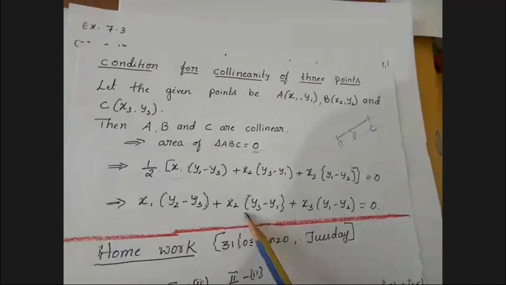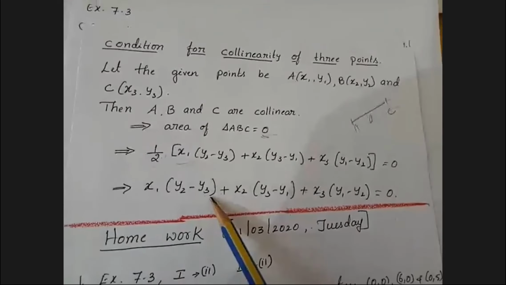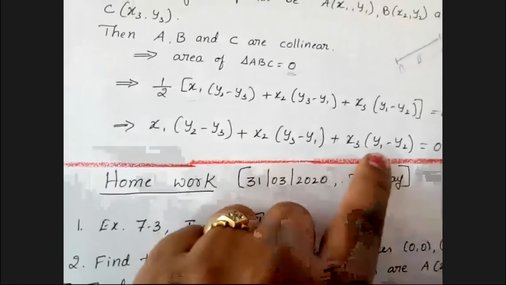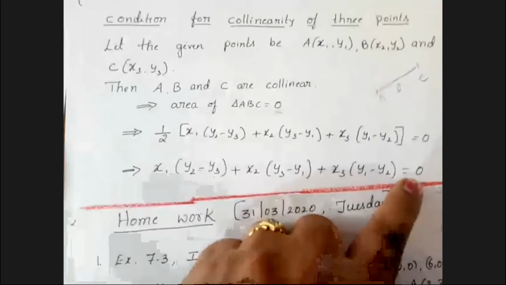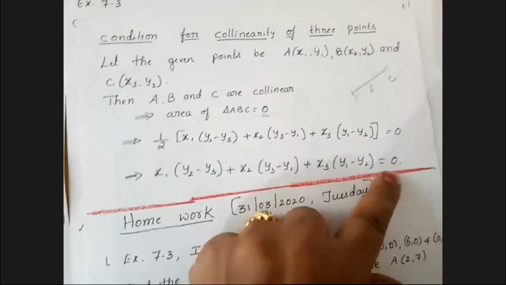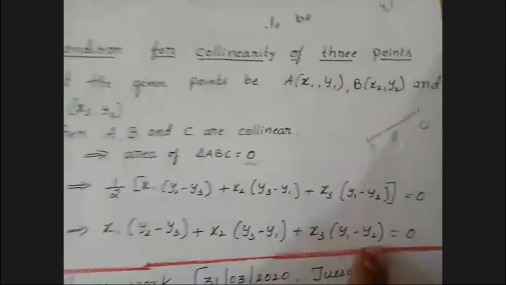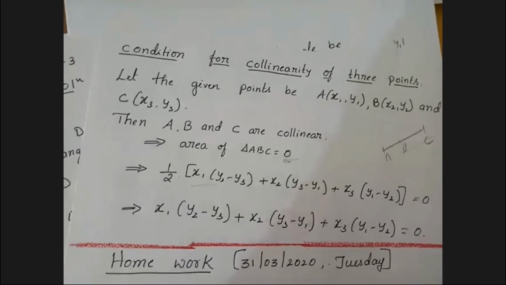Then what is the collinearity of 3 points? x1(y2 minus y3) plus x2(y3 minus y1) plus x3(y1 minus y2) is equal to 0. Whenever there are collinear points, the area is 0, so the half will not be there and you make the area 0. Am I clear, children? Anyone have doubt in this point? No, ma'am.